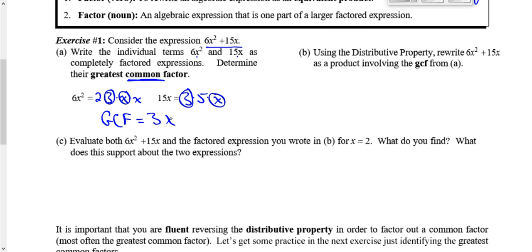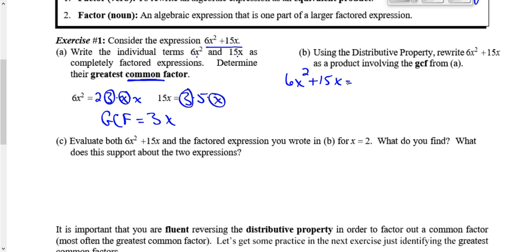Simple enough, right? You've done this before, haven't you? Okay. So now knowing this, if I divide 3x out of 6x squared, what's left? 2x. If I divide 3x out of 15x, what's left? Just 5. So let's rewrite this sum, 6x squared plus 15x, in factored form.